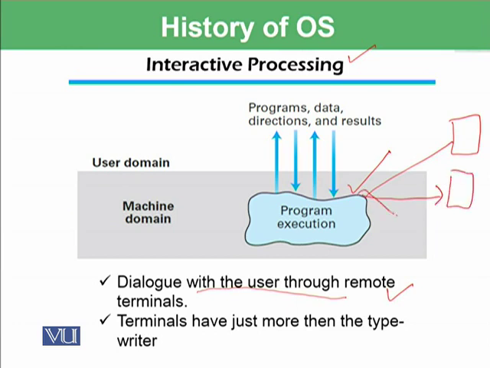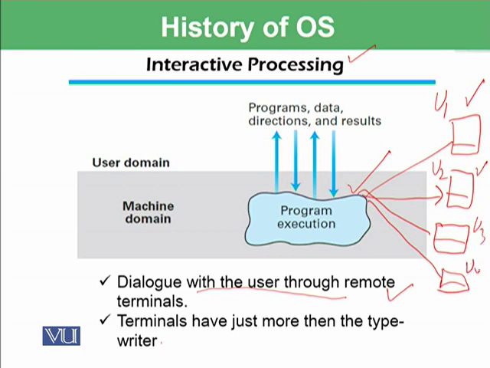So, for example, these are different computers called terminals, and these terminals have just a typewriter, or you can say a keyboard, attached to them, and user 1 can view his or her program status, whether it has been executed or not, by visiting this terminal. User 2 can see the status of his or her programs by visiting this terminal, and so on, user 3, user 4, and up to more users.